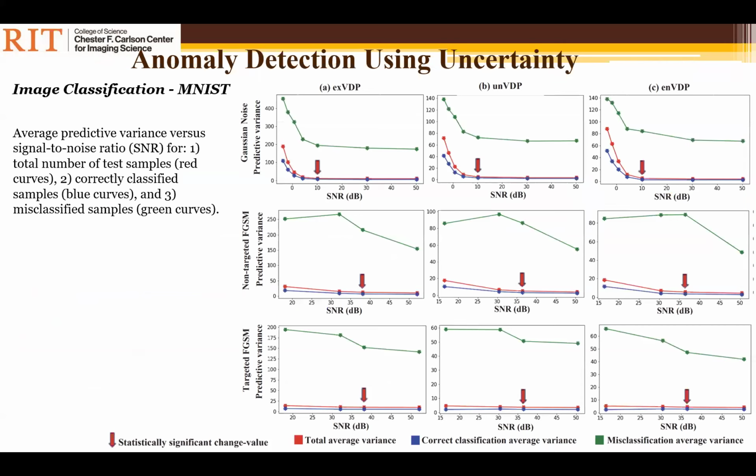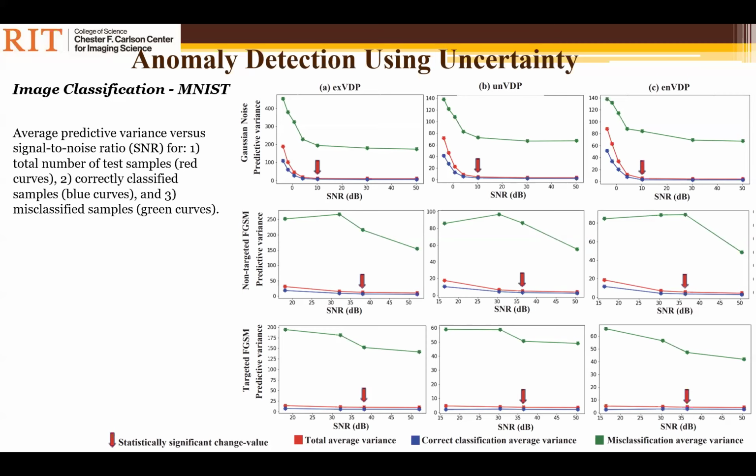Here we also wanted to check if we can use this variance for anomaly detection, which means if we have anomalous samples that are not very similar to our training data, can the model figure out that there is an anomalous sample and give us some information about this? So we ran an experiment, here also using the MNIST dataset, where we inject 3 different types of noise.